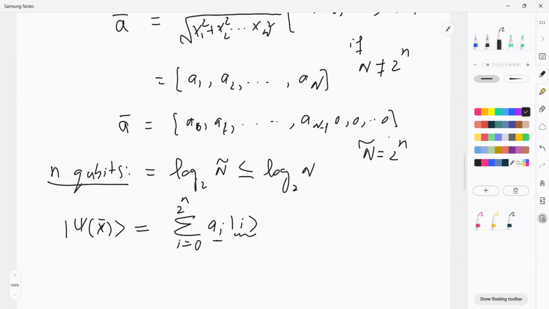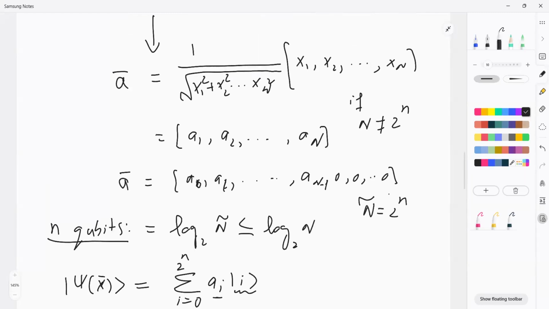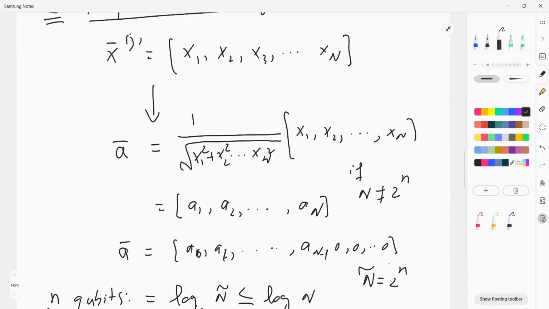I think there's a question in this one. Should this be the mod square to take care of complex? Yes, if x is a complex number, then we will have to take mod square. But I'm going to be assuming throughout this lecture today, which is generally the convention, that this x is a real number.